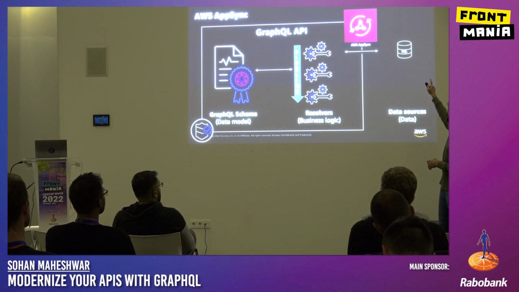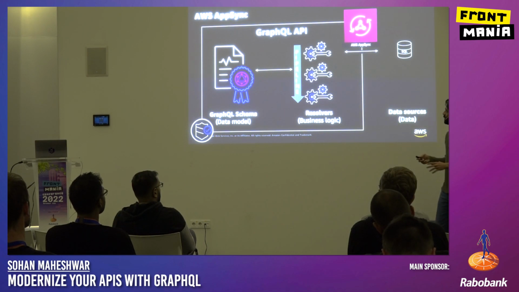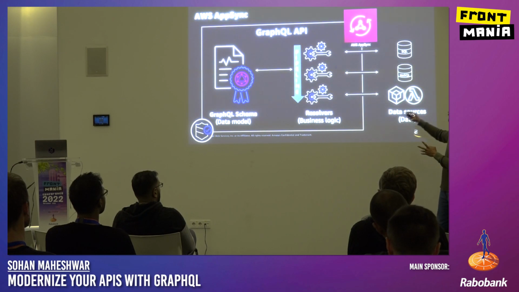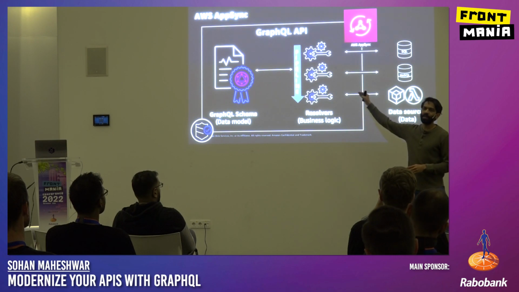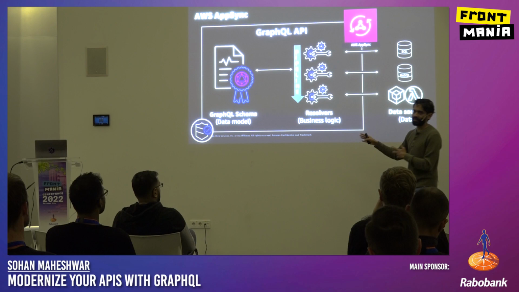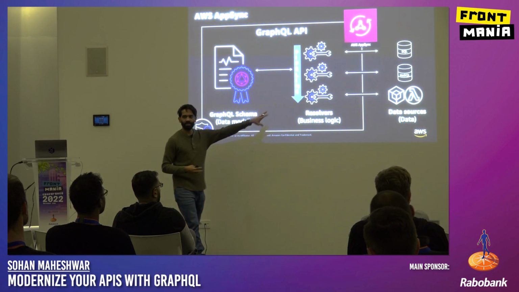So your resolver talks to that. It then puts the result in something called a stash. Think of it as a temporary map. And then the second call goes to your NoSQL database. The third one maybe goes to Lambda. But all of this is handled via this pipeline of resolvers that you have built out. And again, AppSync takes care of a lot of that complexity for you.